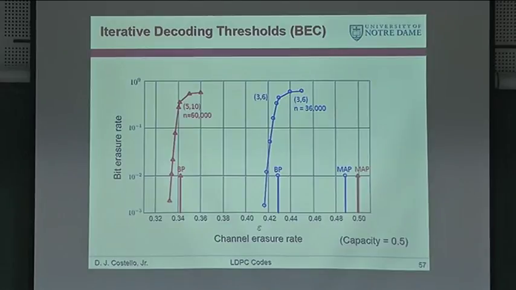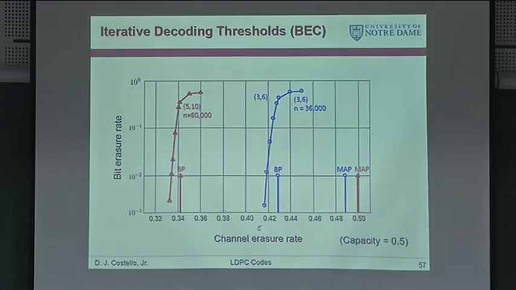I don't know where it would be. 10 to the minus 10, 10 to the minus 20, 10 to the minus 30. Okay? But even though there's quite a gap here in performance at moderate erasure rates, if you really pushed it down, this one's going to move way over, it'll have a slope that'll eventually put it to the left of this curve.